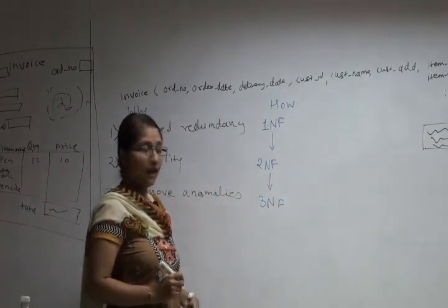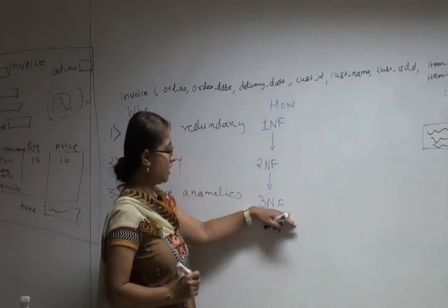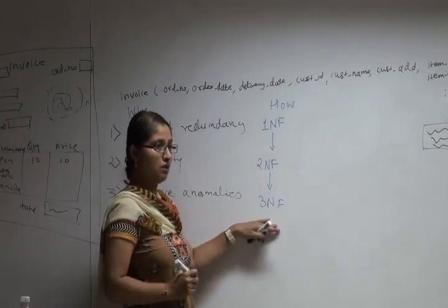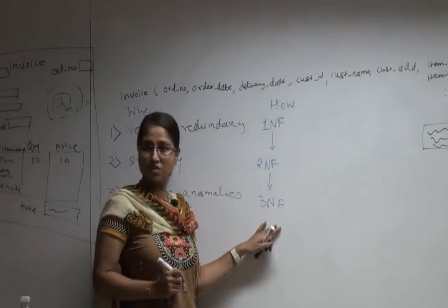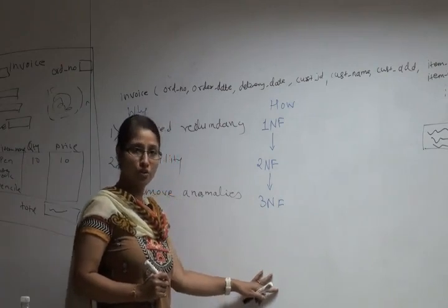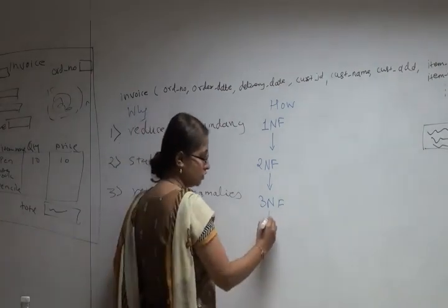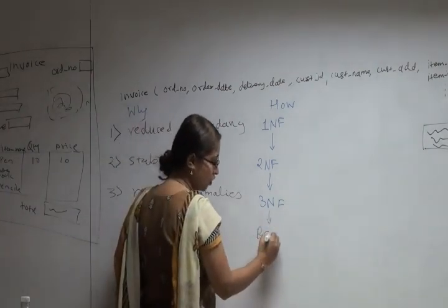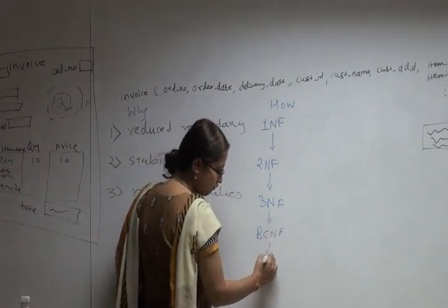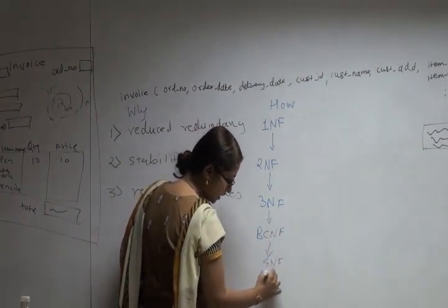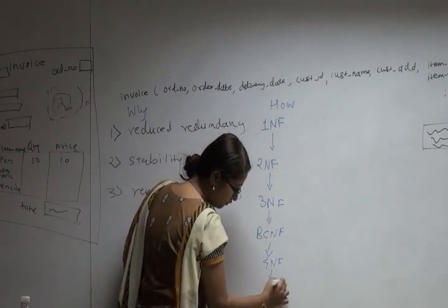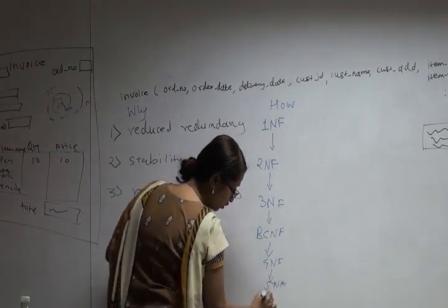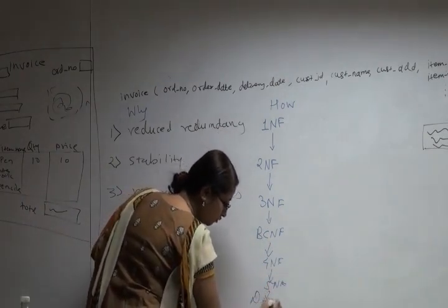As such, the industry requirement is up to third normal form, but depending on your system, you can go for the further normal forms also. So we have Boyce-Codd normal form, fourth normal form, then fifth normal form, and the domain key normal form.